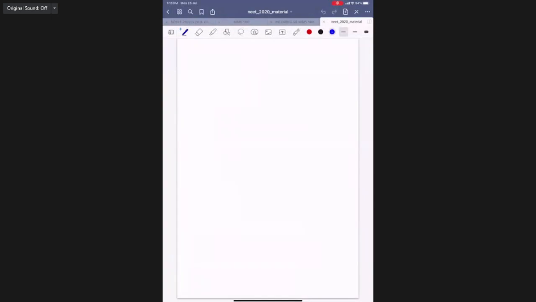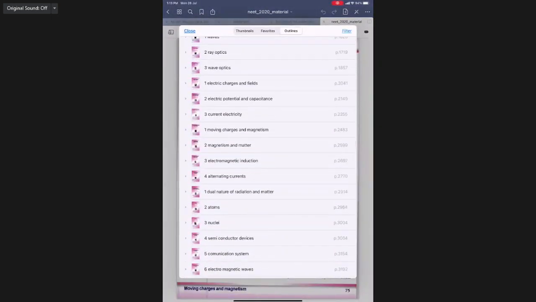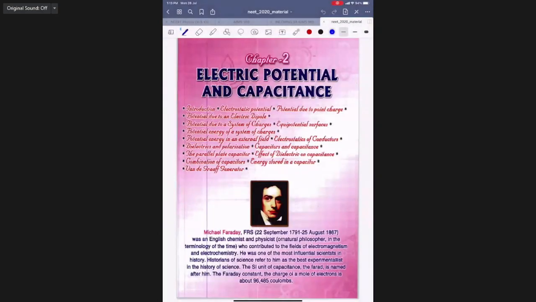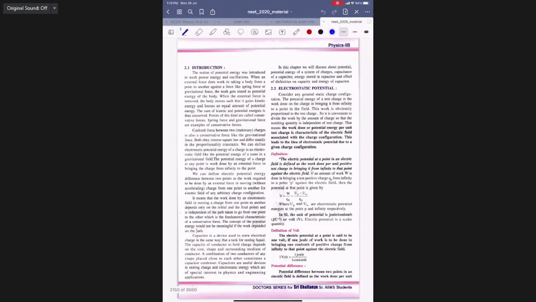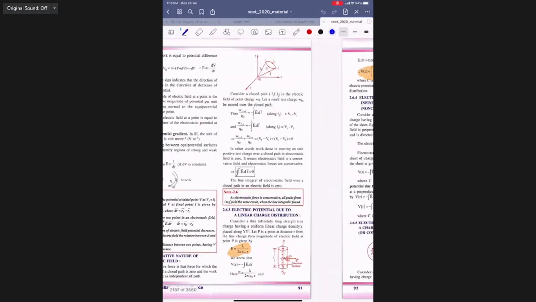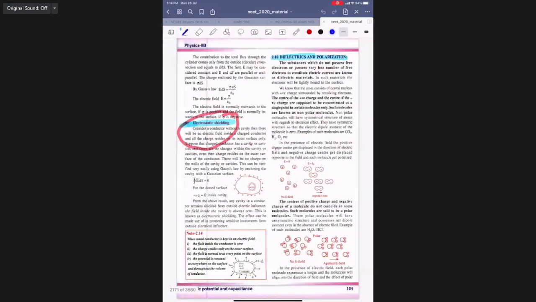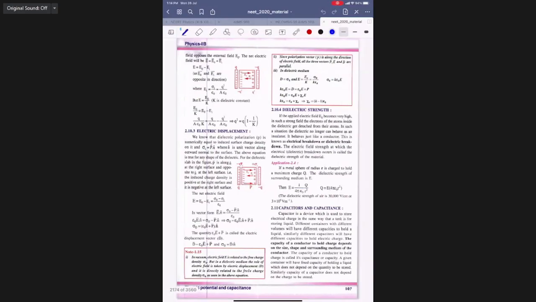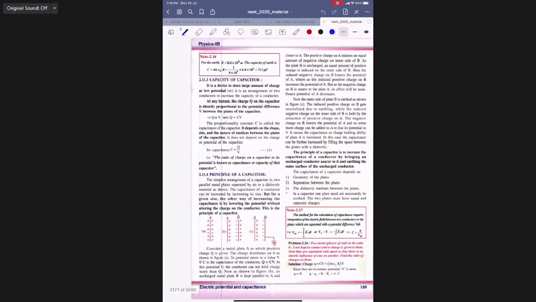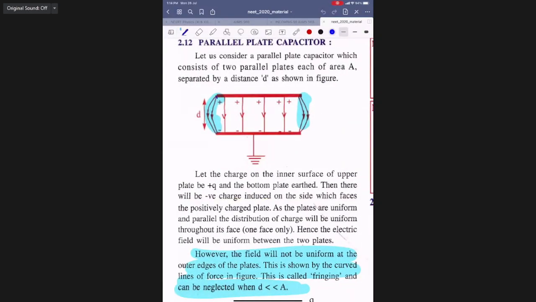This week, all the subjects they gave out-of-syllabus questions. Let us check this one. I will show you what that fringing effect is.